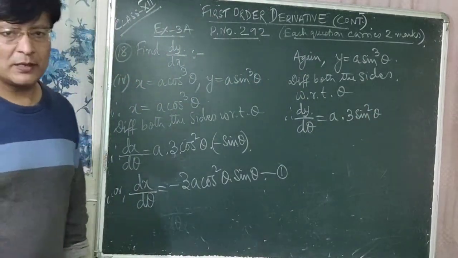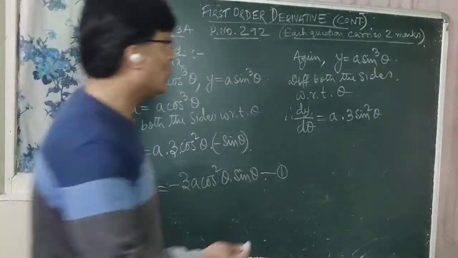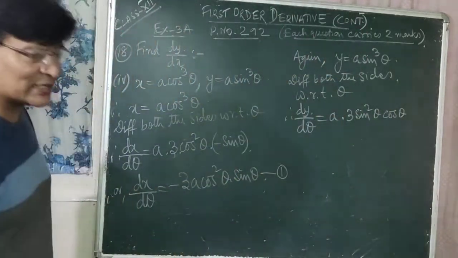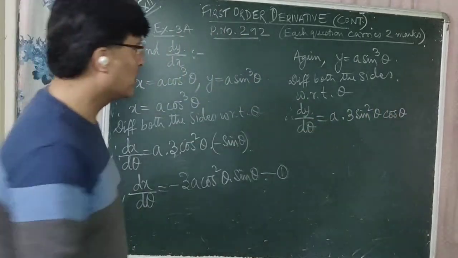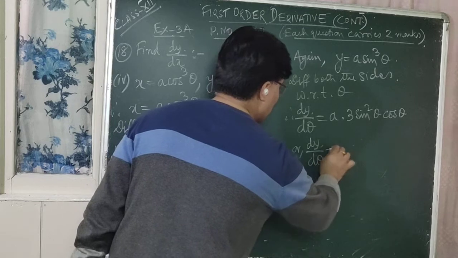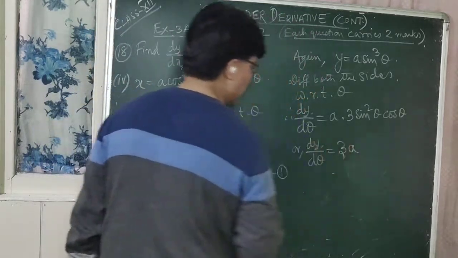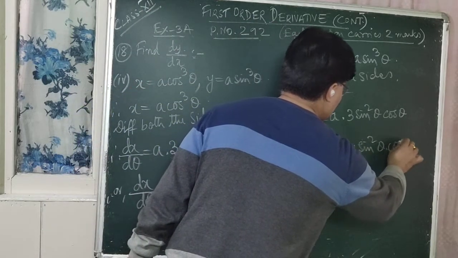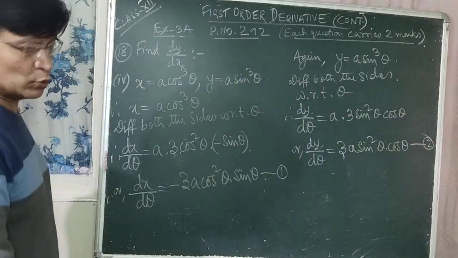Now we have to differentiate that sin theta with respect to theta. What is the differentiation of sin theta with respect to theta? It is cos theta. Okay? So dy by d theta is equal to 3 comes in the front. Write it before a, 3a. Then it is sin square theta cos theta. So let us mark it number 2.